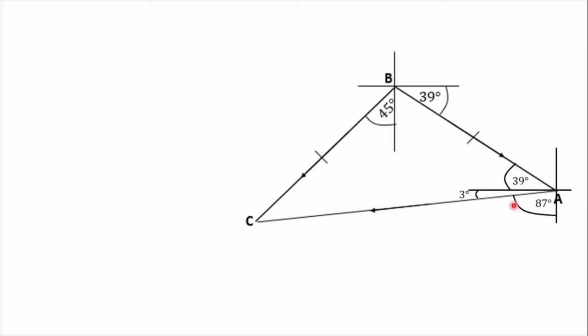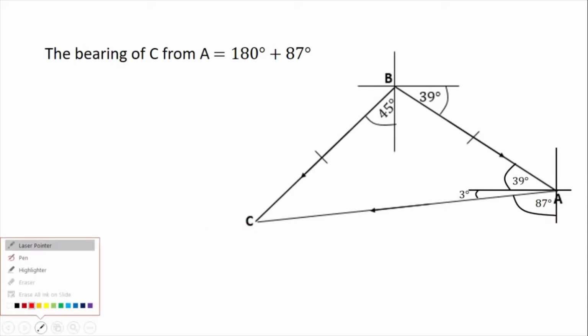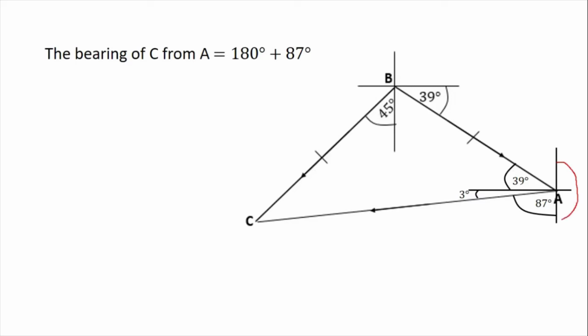As soon as we find that angle, all we need to do is add it to 180 degrees in order to get the bearing of C from A, because as we said, the bearing of C from A will be measured from this line, which is the 0 line, in the clockwise direction up to the line joining A to C. From this side to this side here is 180 degrees.